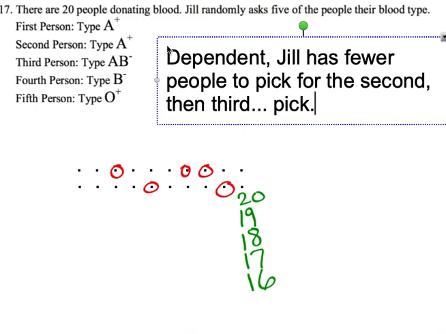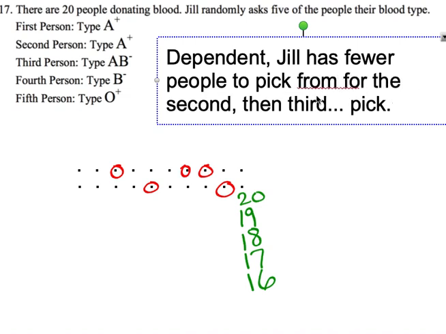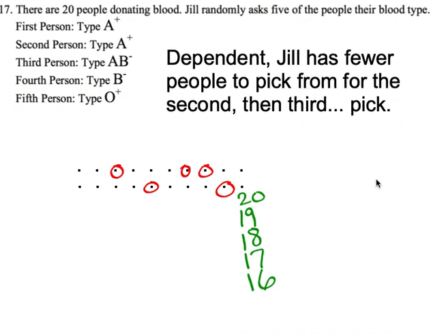So it's dependent because Jill has fewer people to pick from. Oh yeah, let's put the word from in there. I think that helps. Jill has fewer people to pick from for the second, then third, then fourth, then 5th picks. So it is dependent. The person that is picked affects who's left to be picked from.